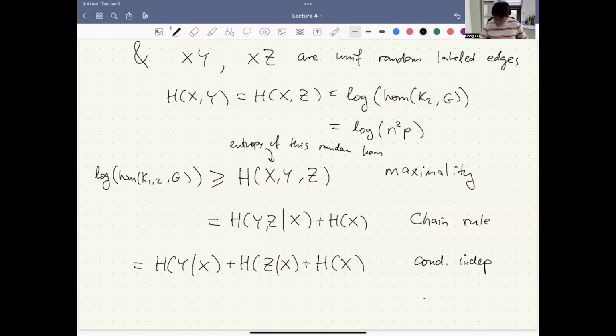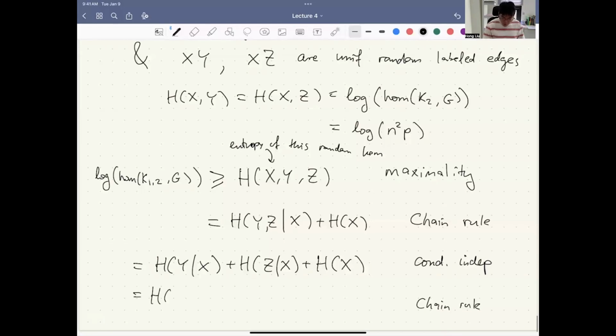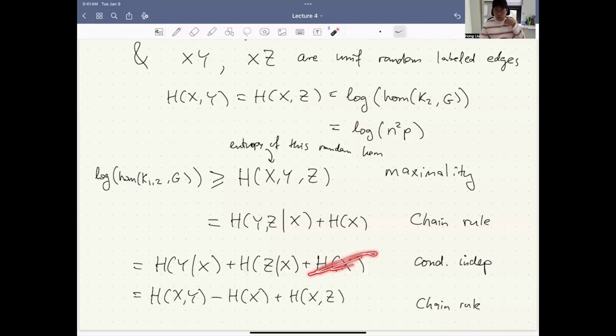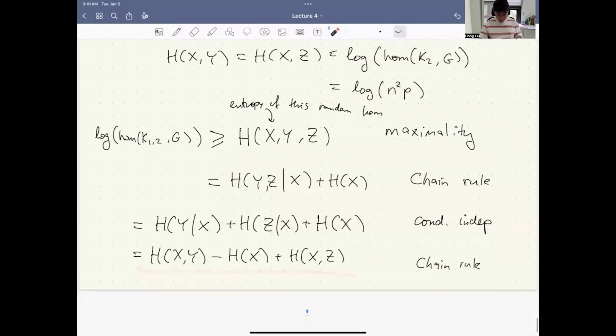Then by chain rule again, the first one is the joint entropy minus the entropy of x. The second one is also joint entropy minus the entropy of x. The last minus cancels out with this term, and we have this.